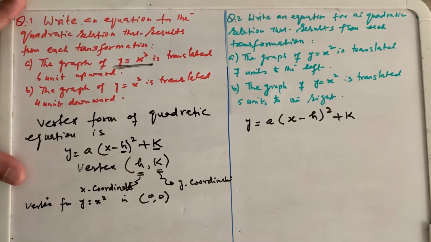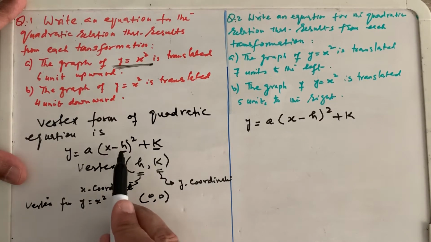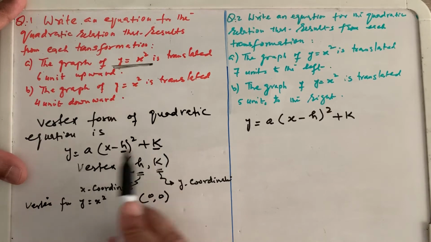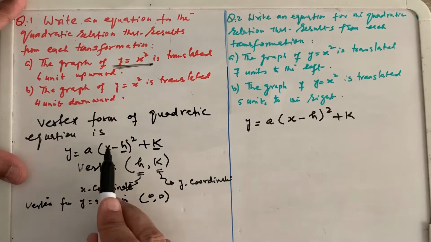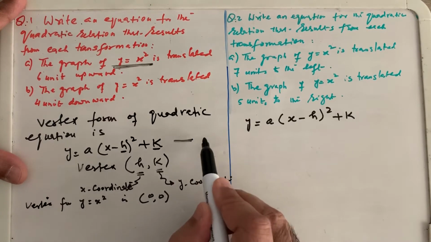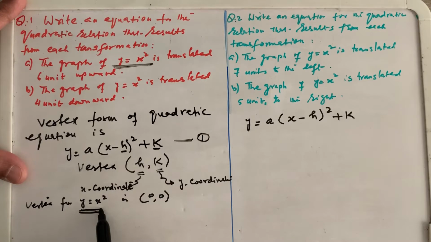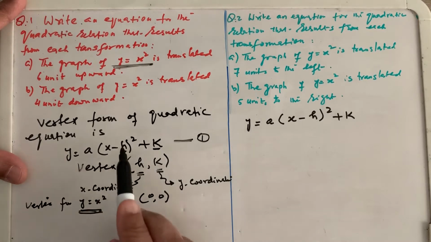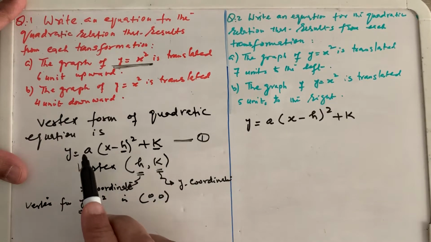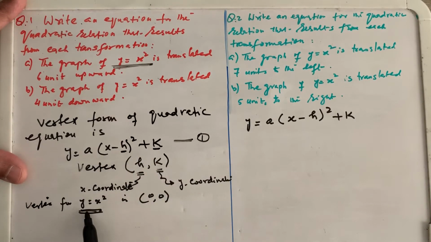Now, when y equals x squared, it means a is 1, right? And if you have no h and no k, what are you left with? y equals x squared. So this is the generic vertex form, and this is the simplest form, because when h is 0, k is 0 and a is 1, the equation reduces to y equals x squared.